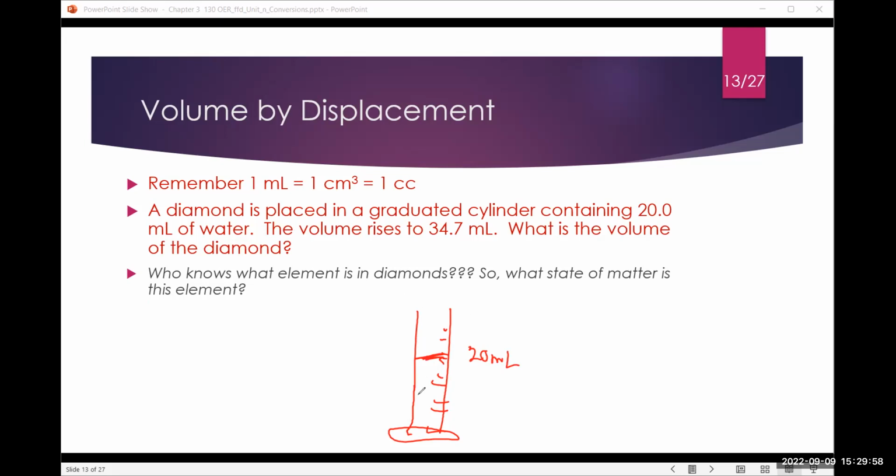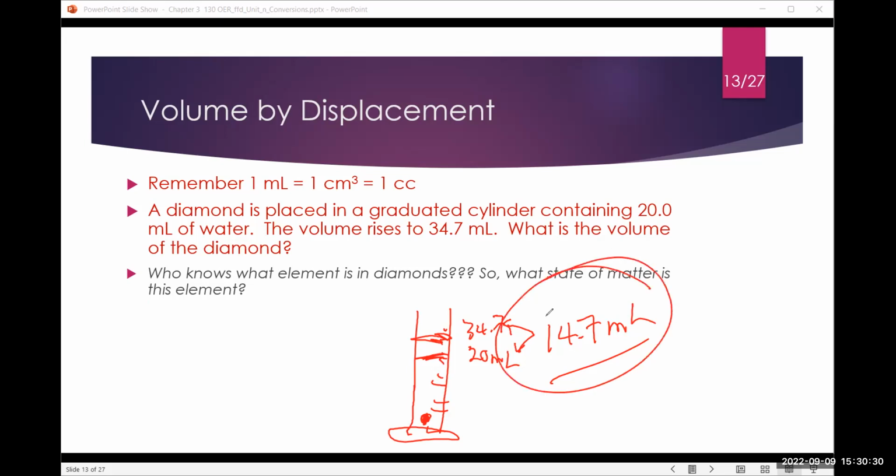Then you throw the diamond in there and the diamond falls to the bottom. And then the new volume is now 34.7 because that diamond displaced that liquid and pushed it up, okay? So the actual volume that diamond has is the difference between where it ended and where it started, which in this case would be 14.7 milliliters.